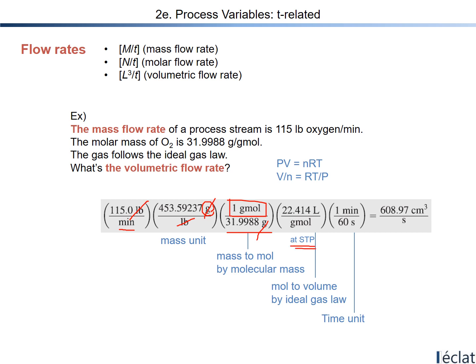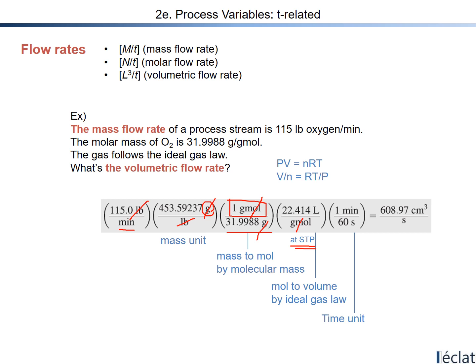So this question is about STP, even if I didn't mention the temperature and pressure. 1 gram mole at STP has 22.4 liter as a volume. So we could use this kind of conversion factor, because 1 gram mole is equal to 22.414 liter. So here, right now we have liter per minute.